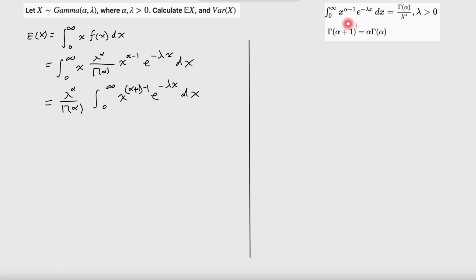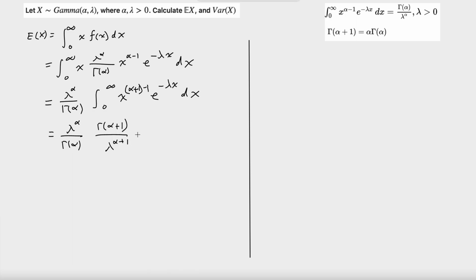So we're going to apply this formula, replacing alpha with alpha plus 1. So this is equal to lambda to the power of alpha divided by gamma alpha, times gamma alpha plus 1 divided by lambda to the alpha plus 1.